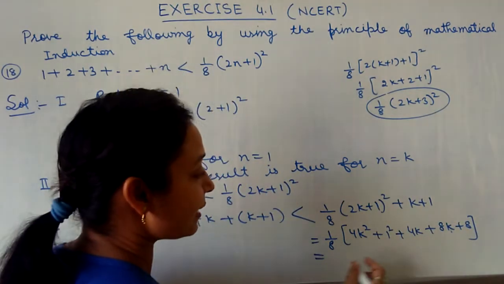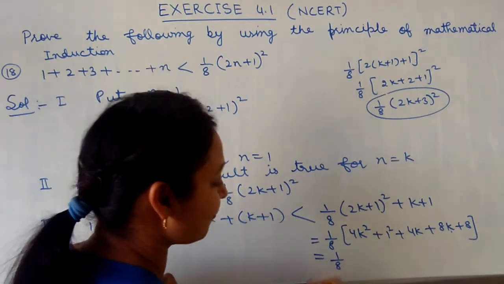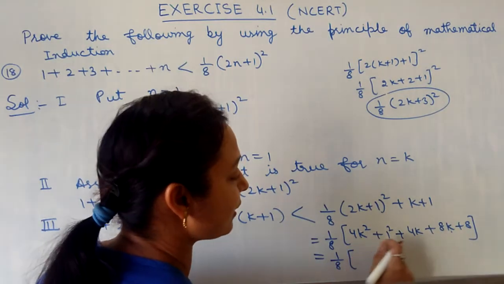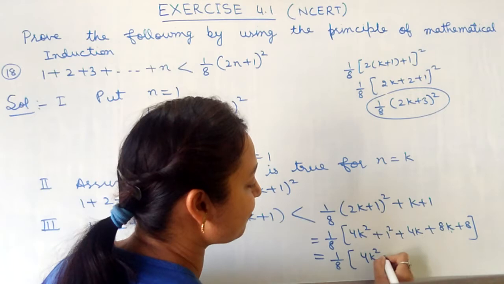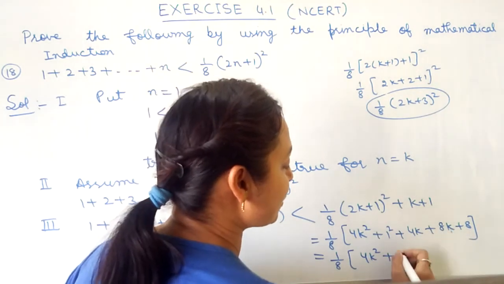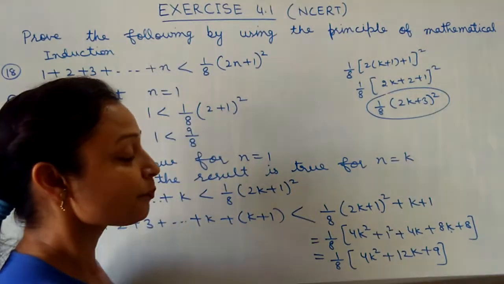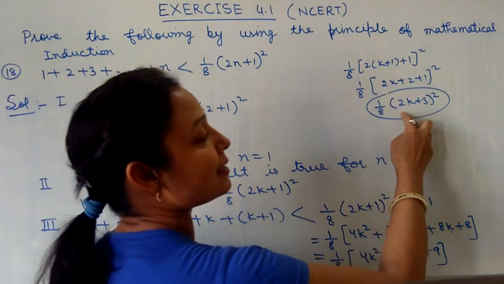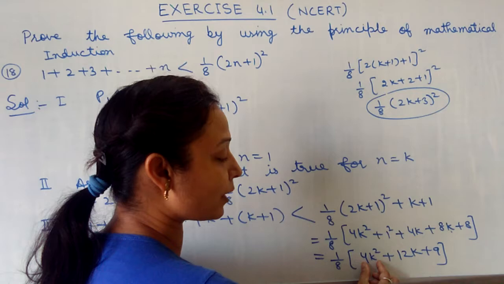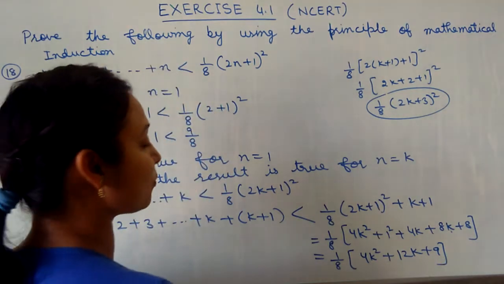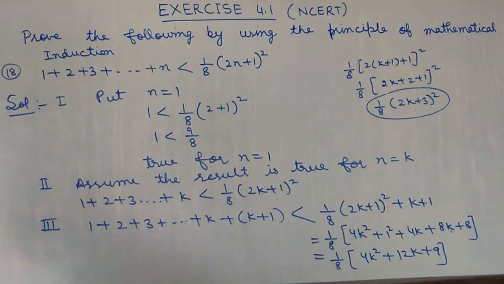Now 1 upon 8, when you take the LCM, it is 1 upon 8, 4k square plus 4 and 8, 12k plus 9, is it right? Now if I open this, 2k whole square plus 3 square, I will draw from this side.